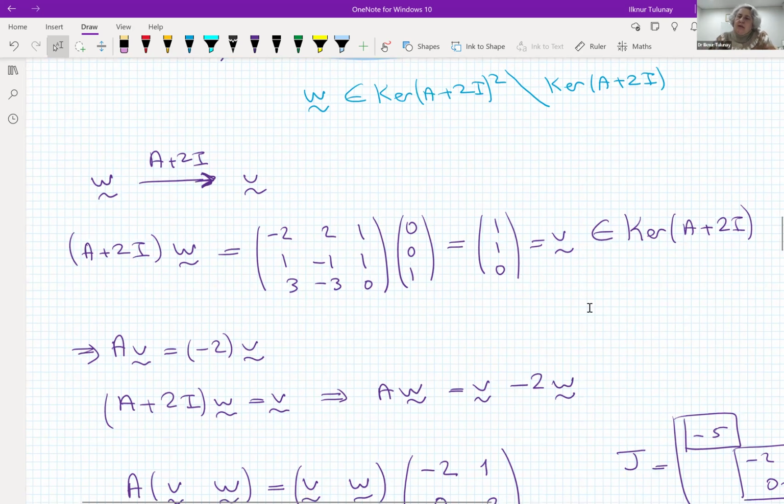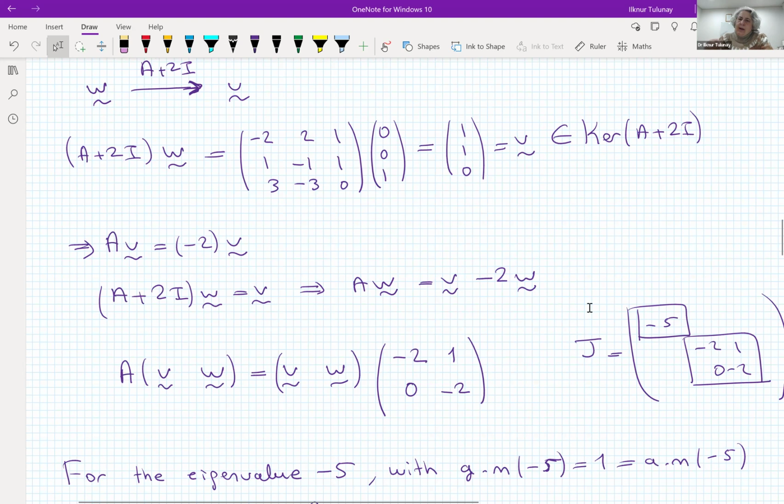Now, we know that matrix multiplication works block by block. So think about the matrix whose columns are V and W. If you multiply by the matrix A, that will be A times V and A times W. So AV is minus 2V, right?